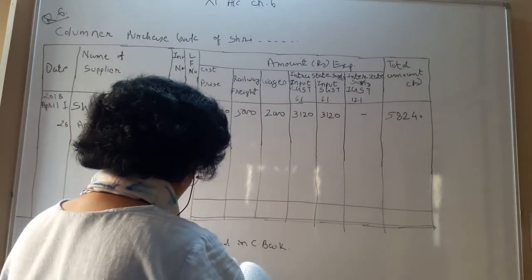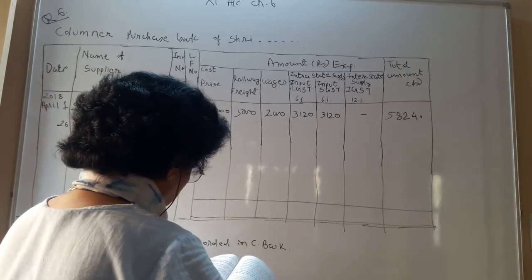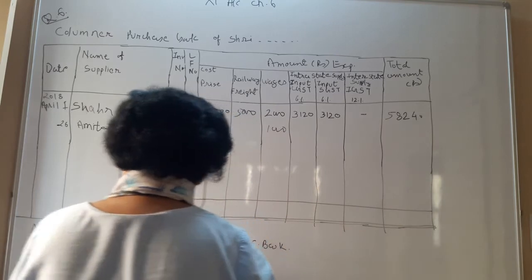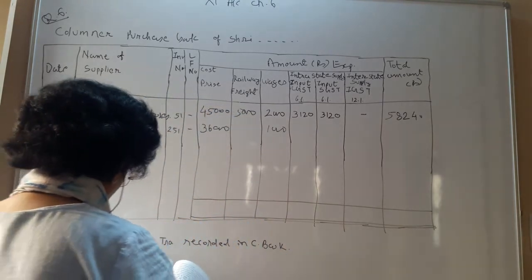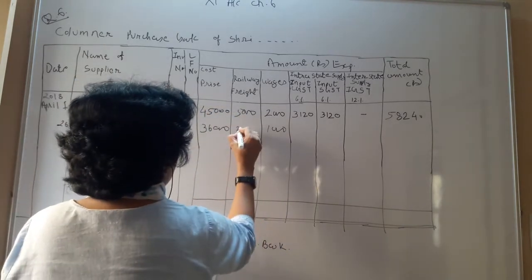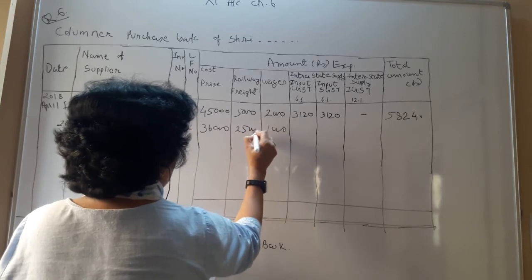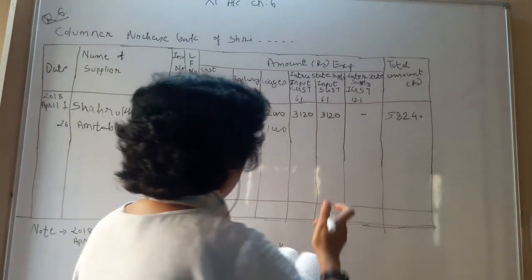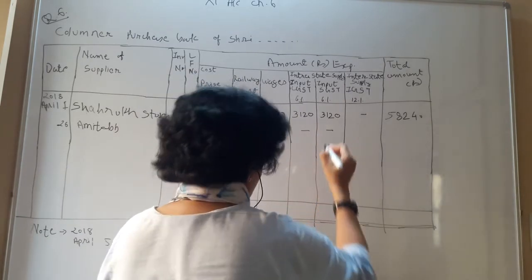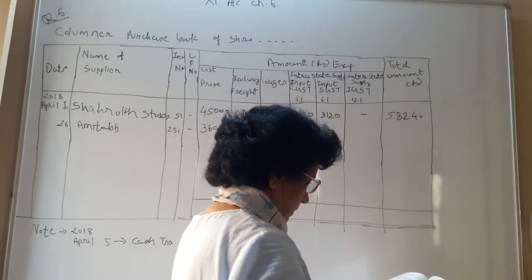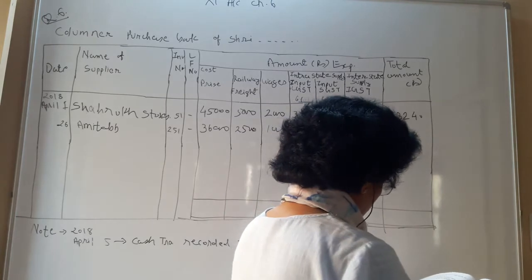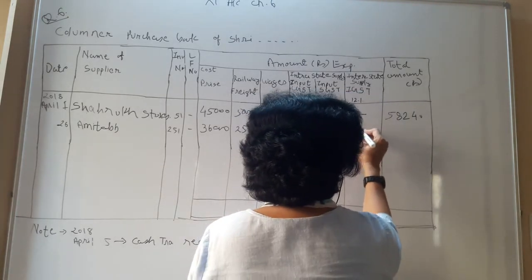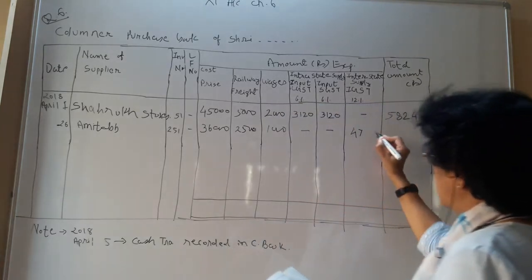Then there is labor of rupees 1,000, so wages will be 1,000, and then you have the railway freight of 2,500, to be recorded in the railway freight column. It is an outstate transaction, so IGST will be applicable, at the rate of 12%, which is 4740.